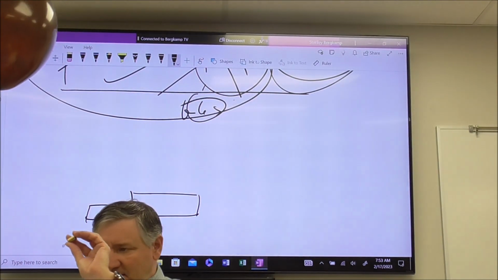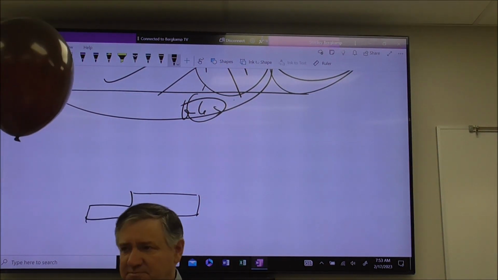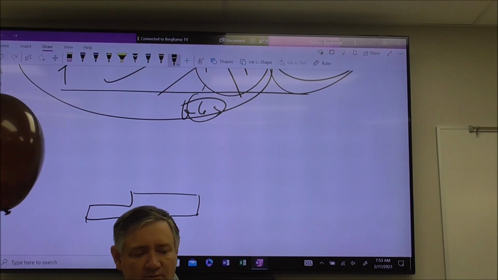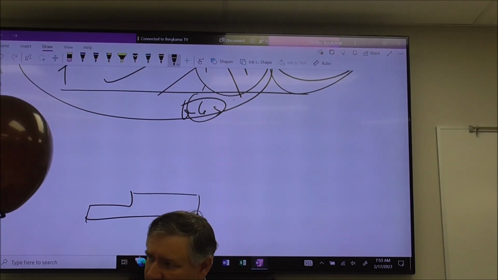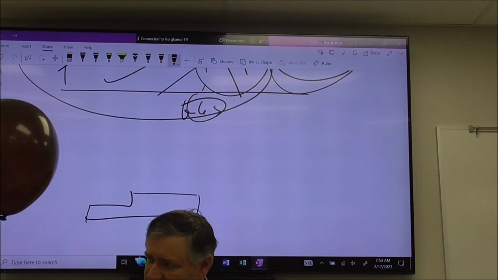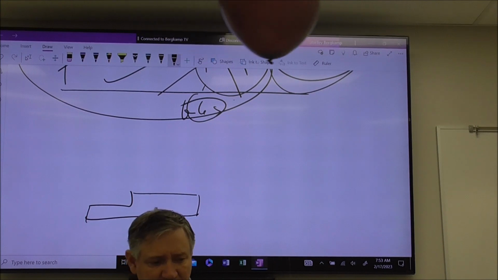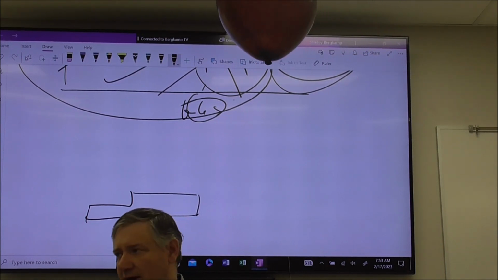Here's this mass. It's just going to sit here on this book. Right now, gravity is pulling it down, and the book is providing an upward force which is balancing everything out. Now, I take this balloon, and I hook it to that mass.